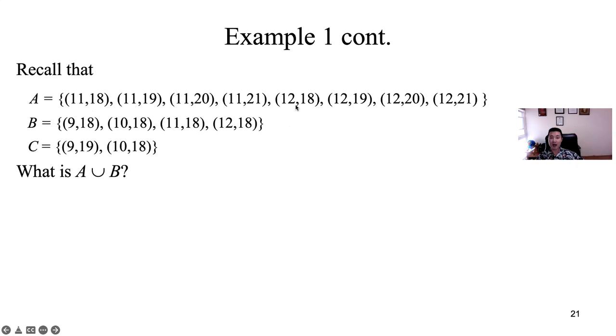And also 12 and 18 occurs in both event A and event B. So yes, it is possible for both event A and B to occur. Let's look at event B and C. Is there anything in common for event B and C? Yes, 10 and 18. So event B and C are not mutually exclusive.